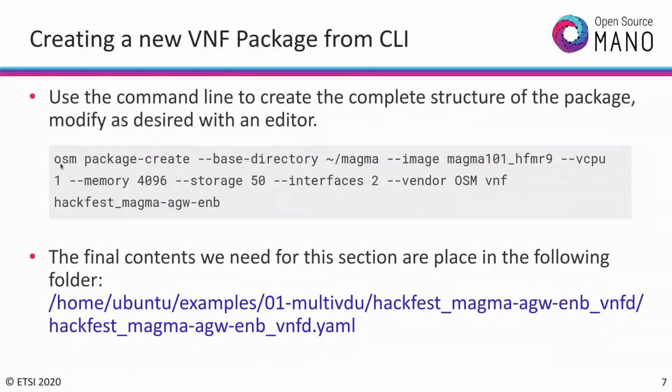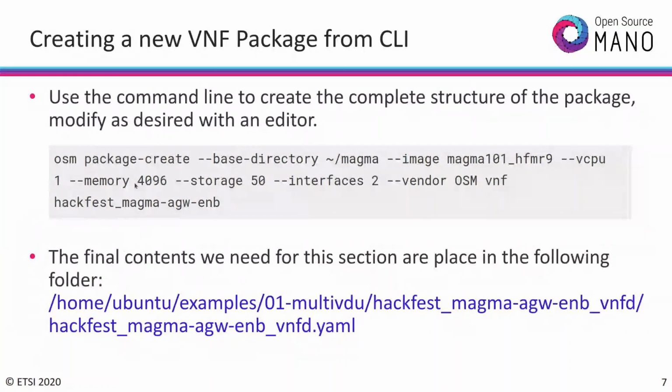So we have a command which is OSM package create that would take some parameters like the base directory, an image, the flavor parameters like virtual CPU, memory, storage, the interfaces in addition to the management one or to the first one, the vendor, the type, because you can create either VNFDs or VNF packages or network service packages, and the name of this VNF.